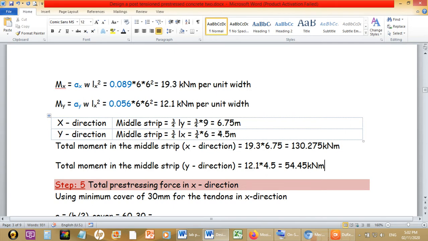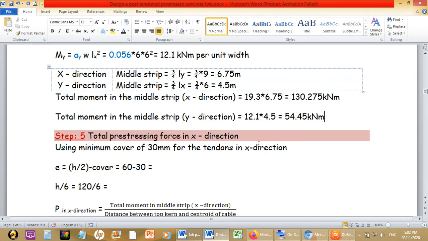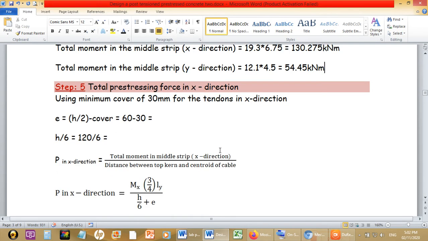Okay, now after getting the total moments, by using this moment we are going to find out the prestressing force. Step number 5 is finding out the prestressing force in x direction. How are we going to get that prestressing force? For this force calculation, we follow the basic principle of the stress diagram for type 1 service condition.